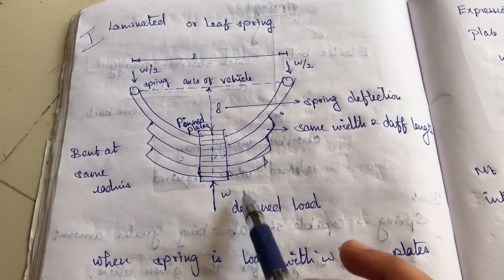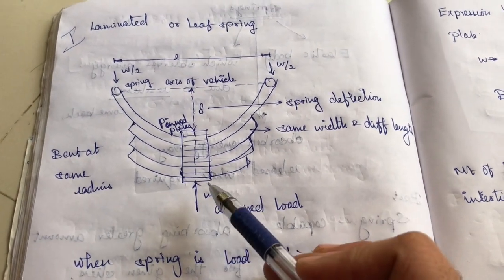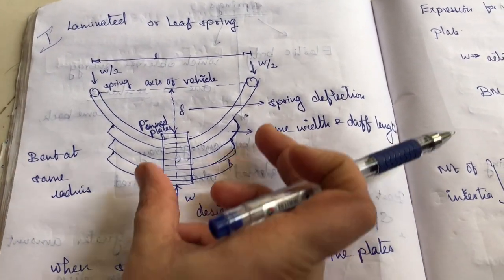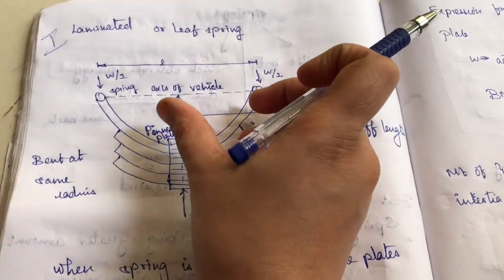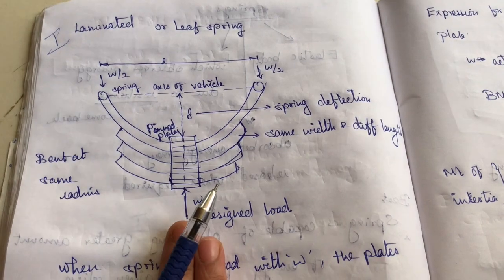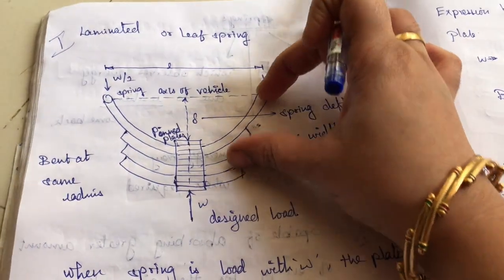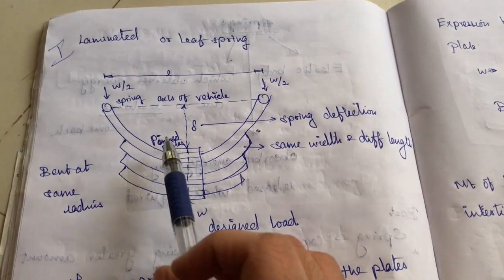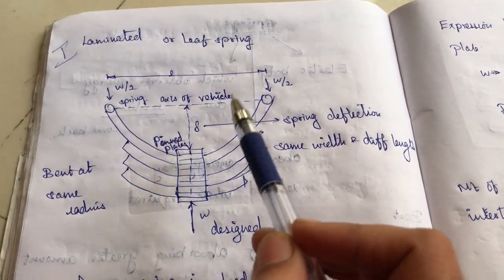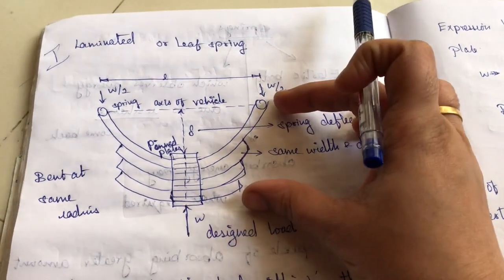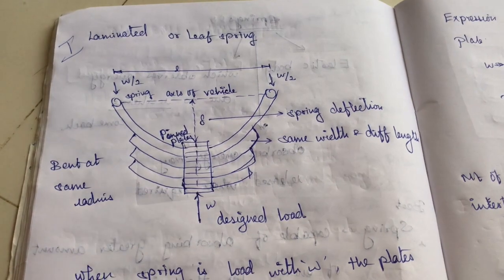If you apply W here, it will push the plates to be flat, right? And then the deflection will not be there if these plates are moving forward.